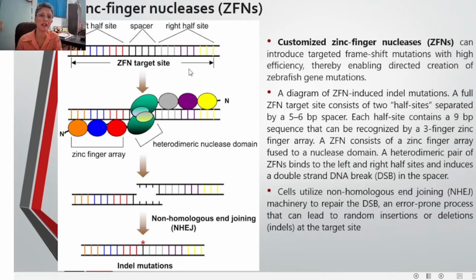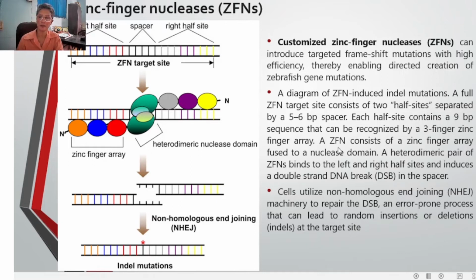Here we can see the ZFN target site has a left half side and a right half side, and between them there is a spacer made up of 5 to 6 base pairs. Each half side contains a 9 base pair sequence that can be recognized by a three-finger zinc finger array.